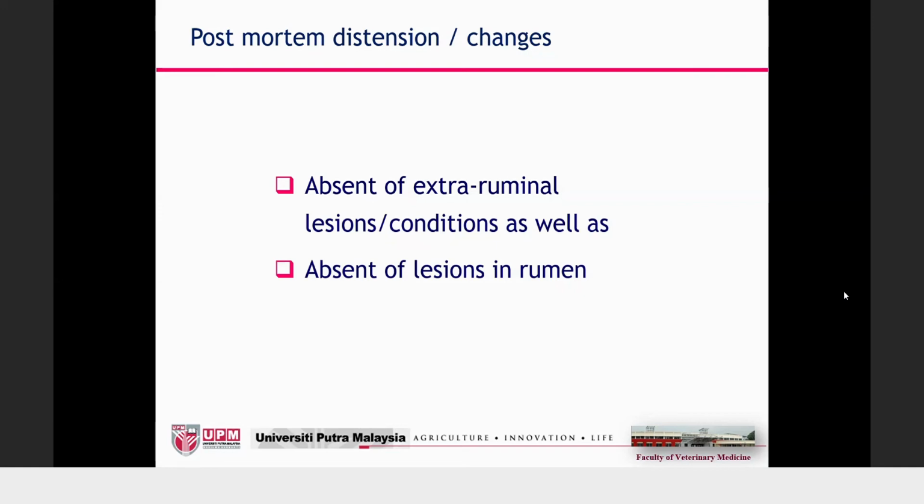In addition to postmortem change, there are also agonal changes. Agonal change means changes that occur during the process of death. The same thing, also very important.